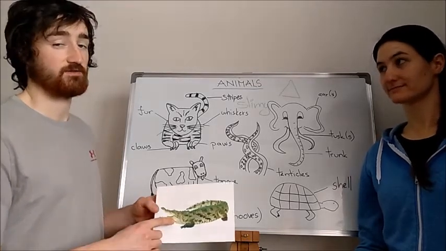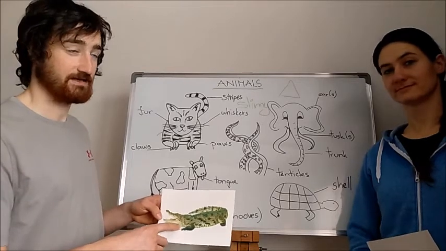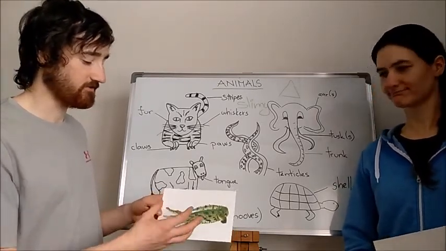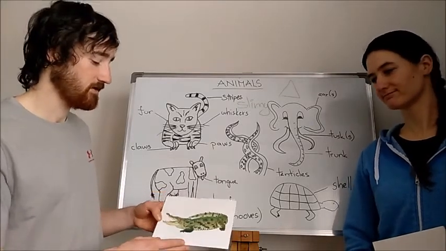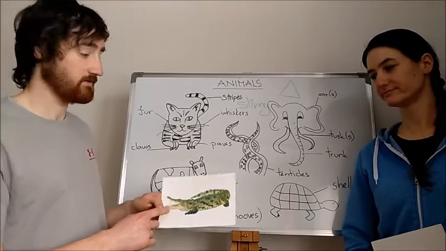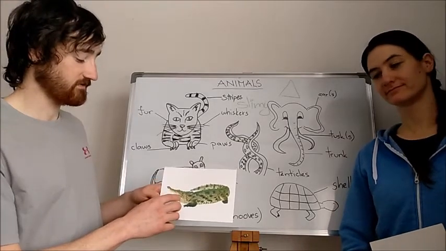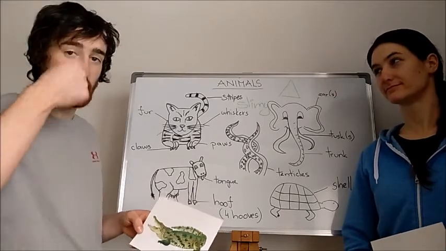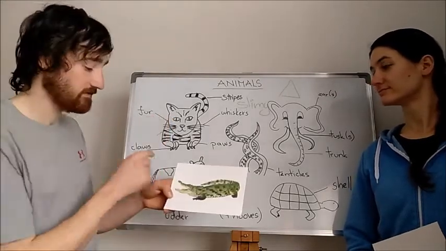He has scales. He's green and yellow, maybe green and brown. He's got claws, sharp teeth, round eyes, and he has slits in his eyes, like a cat, yeah?